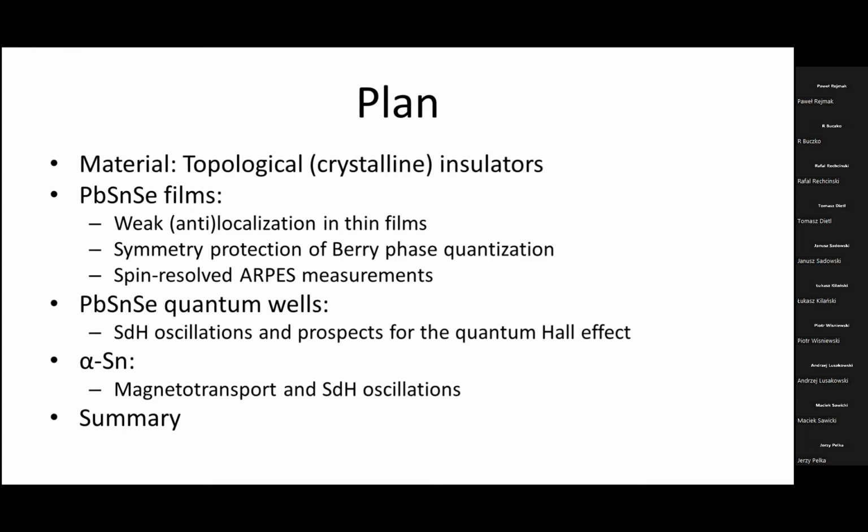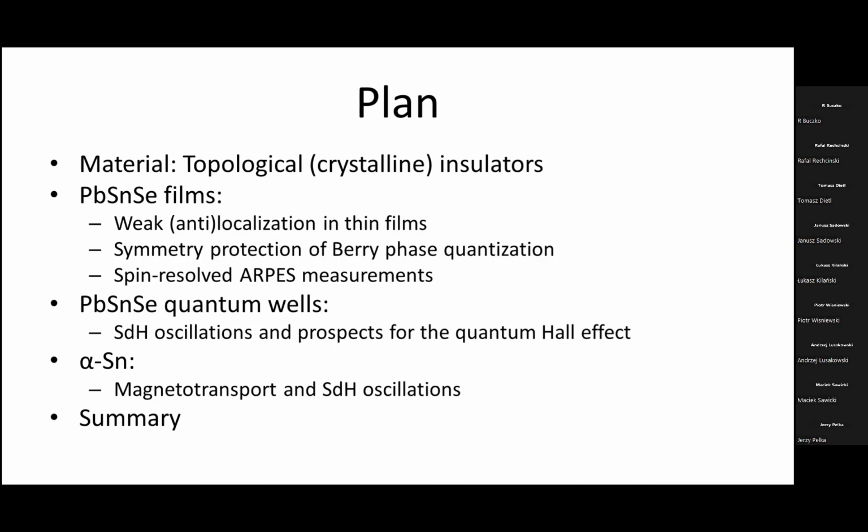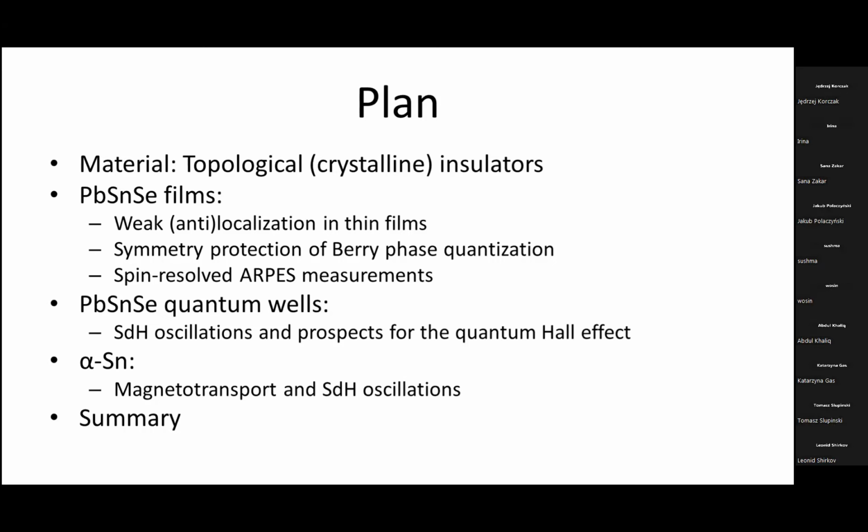experiments. And then, if time allows, I will talk about unpublished results in two directions which we are working on right now. One is lead-tin selenide quantum wells. So I will show some magnetotransport results on Shubnikov-de Haas oscillations, and discuss whether we can achieve at least the quantum Hall effect there.